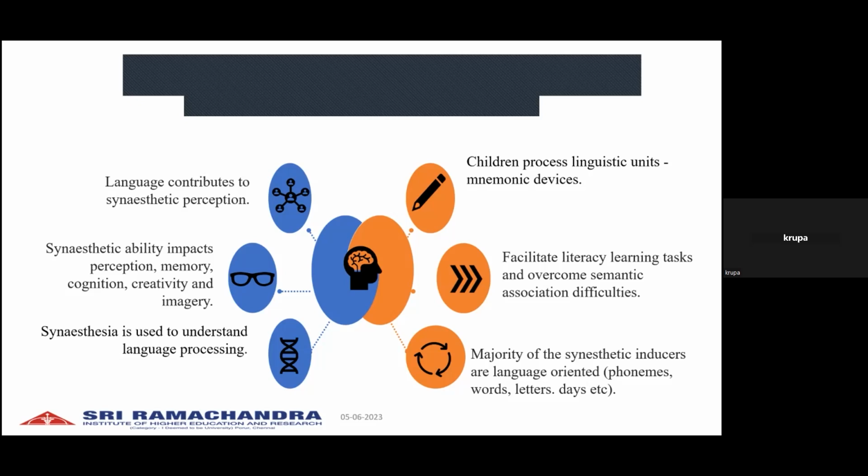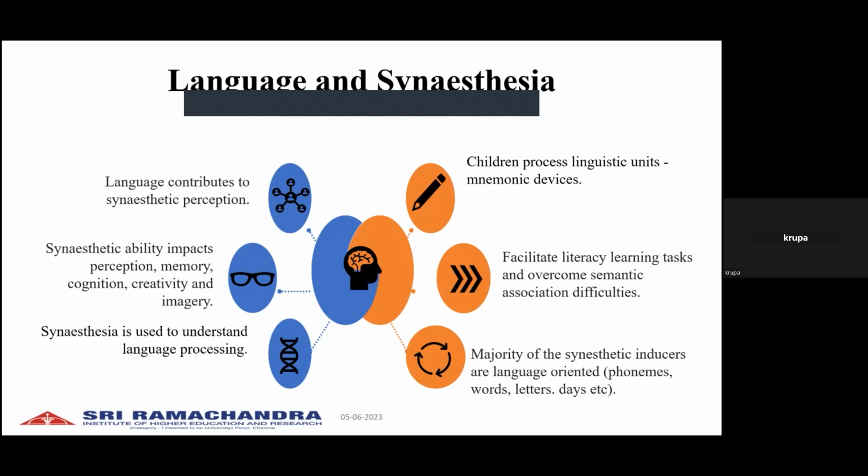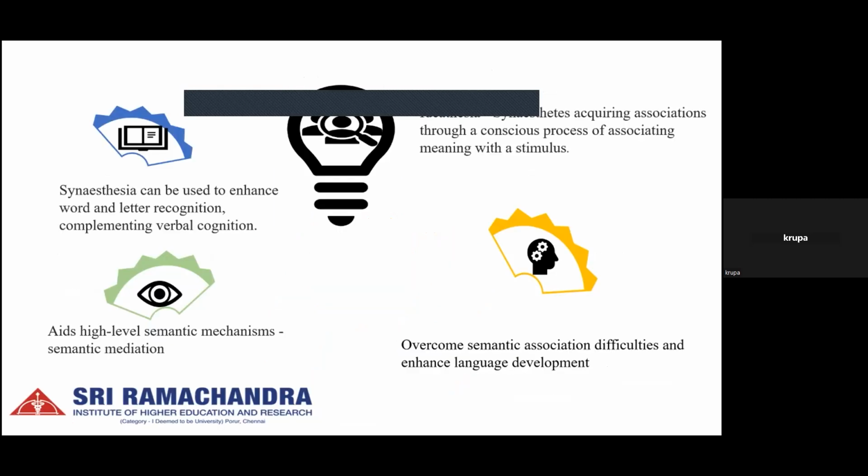Most important of all, we should understand that synesthesia can help us understand language processing. It can facilitate literacy and overcome semantic association difficulties, and it often complements verbal cognition. It can aid word and letter recognition, and it solves semantic mediation issues in children with autism.